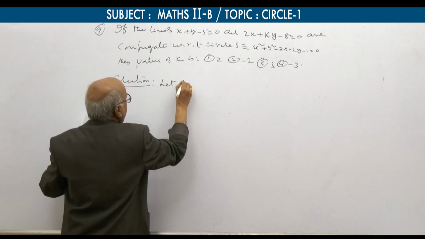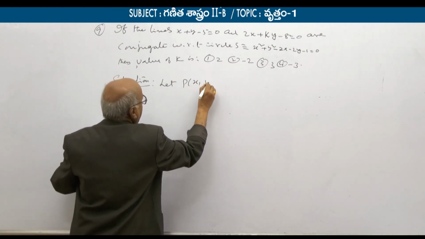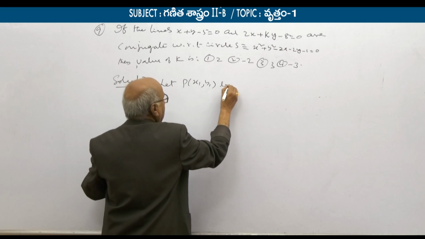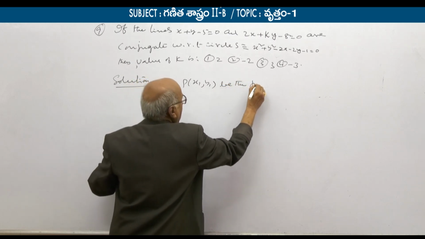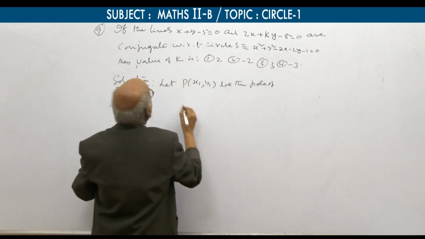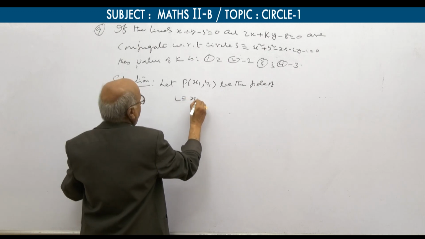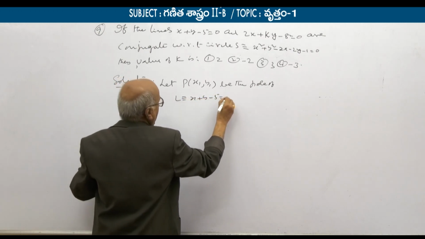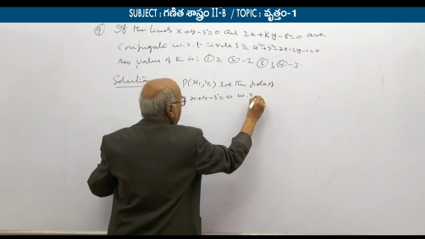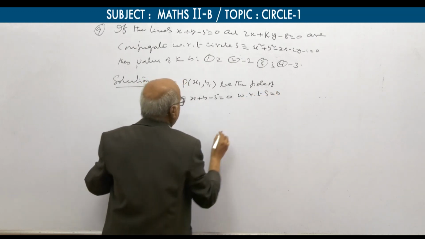let P(x1, y1) be the pole of L equal to x plus y minus 5 equal to 0 with respect to S is equal to 0.